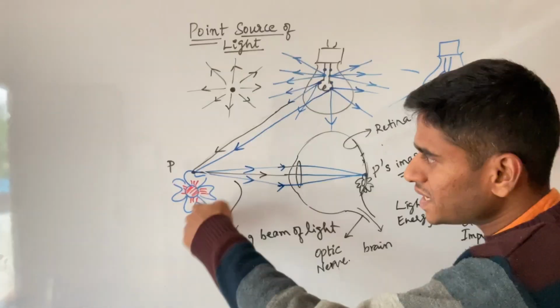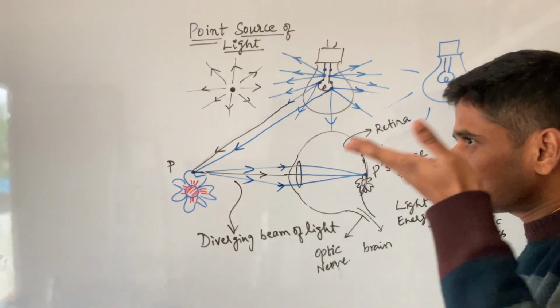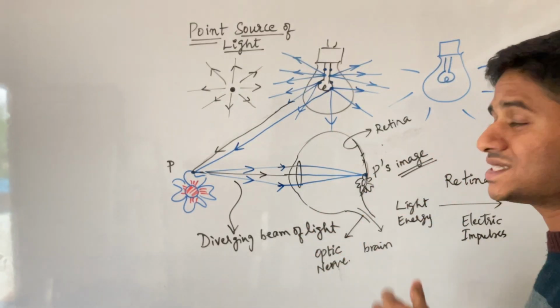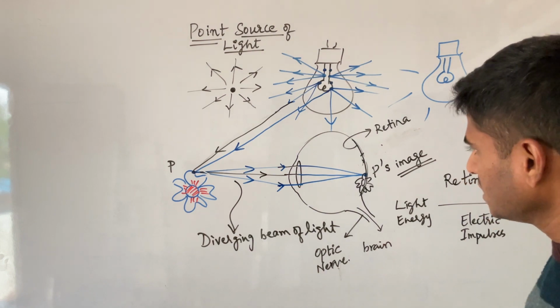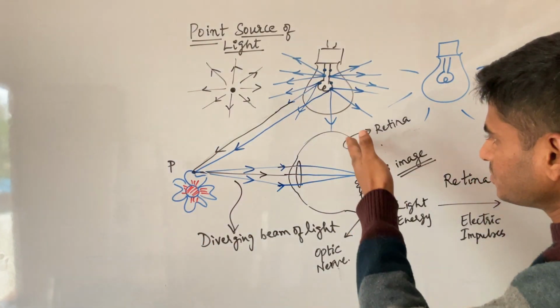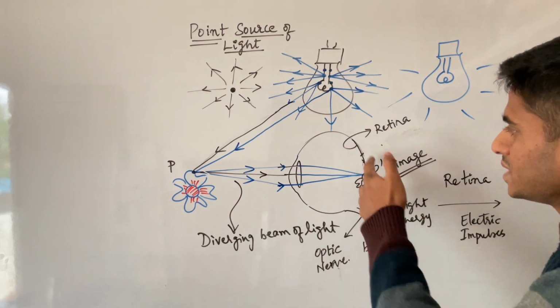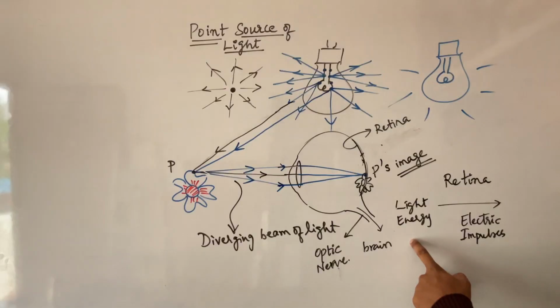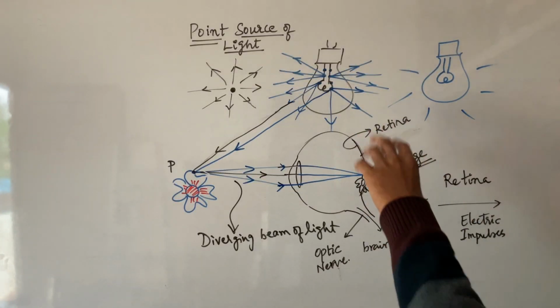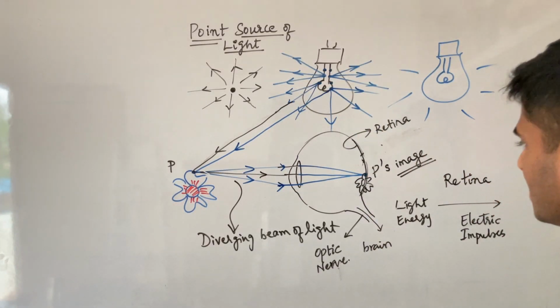The impression of the entire flower is falling on your retina. That impression is basically called the image. So light energy received from the flower is falling on the retina, and the light energy is converted into electric impulses by the retina. Why? The retina has certain transducers, etc.